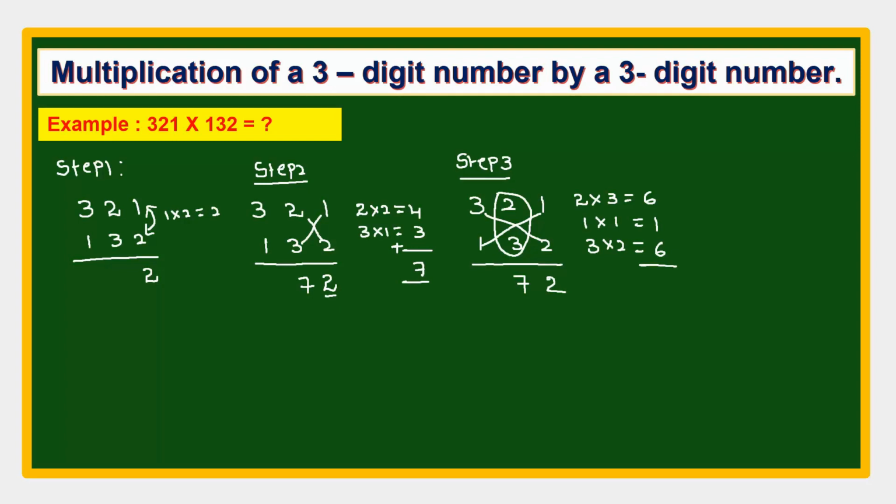Here also we didn't get any carry forward, right? So 6 plus 1, 7. 7 plus 6, 13. Right. Now what we have to do? We have to write 3 here and carry forward 1 down. Next, step 4.